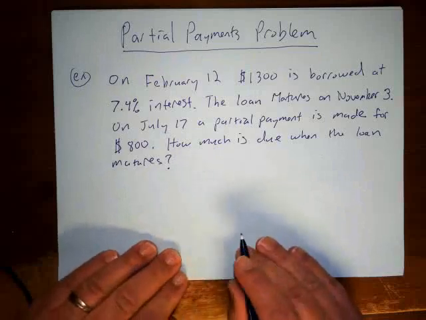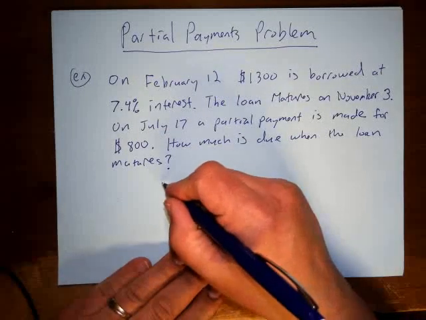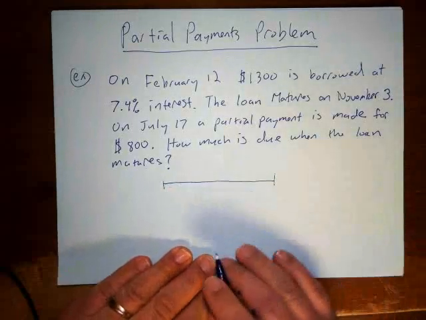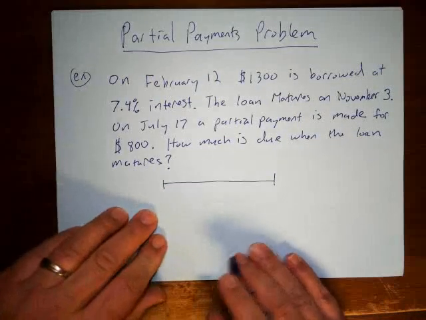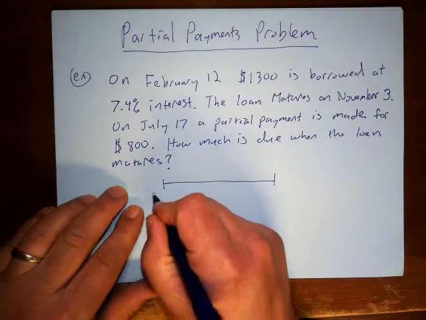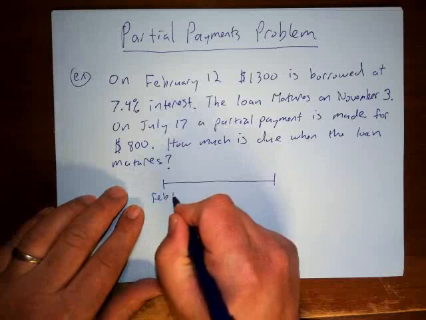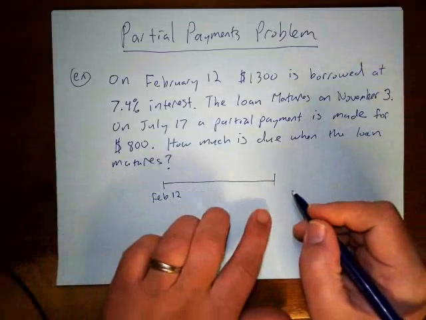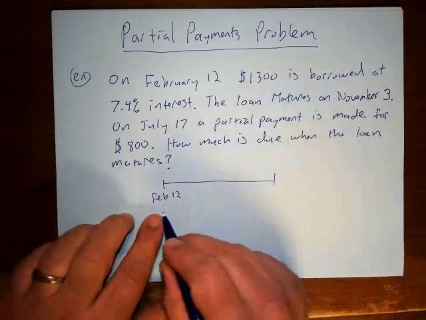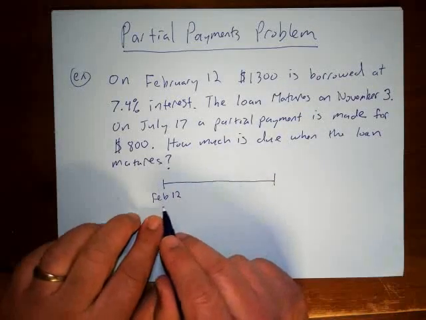Okay, so here's how to do one of these. I would draw a timeline. This just kind of lays the problem out and makes things a little easier to follow. So this is going to be the beginning of the year, in this case, February 12th. Over here will be the end, not the beginning of the year. This is the beginning of the loan.